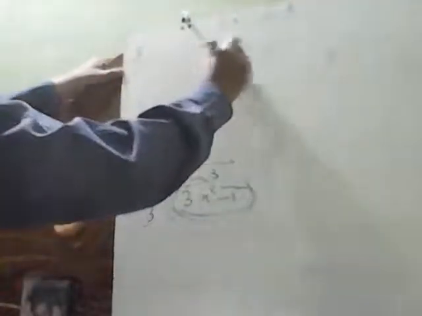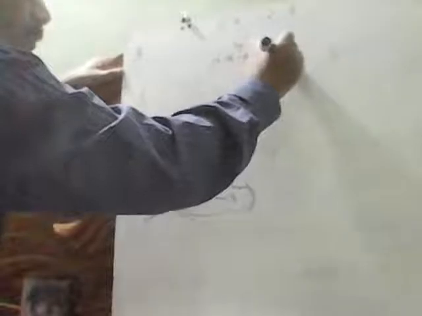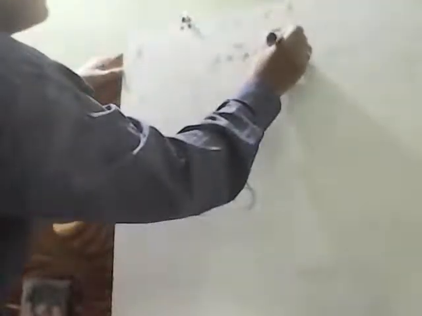The given polynomial is 3x to the power 4 plus 6x cube minus 2x square minus 10x minus 5.